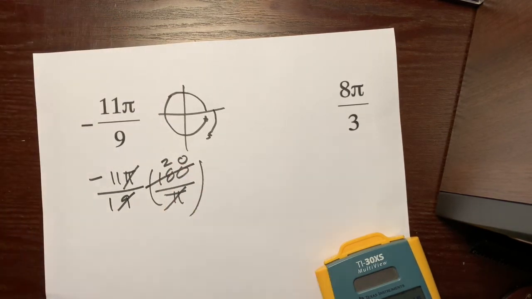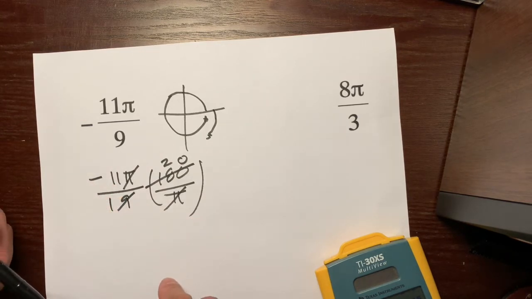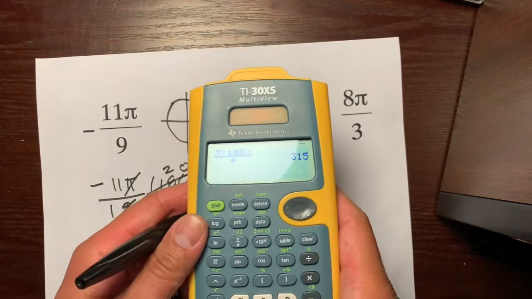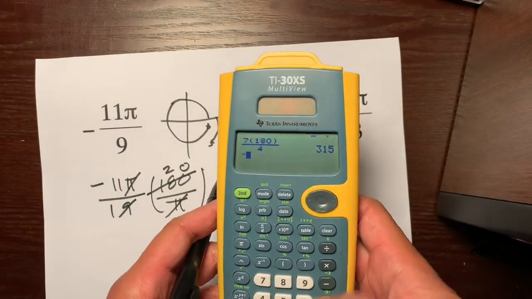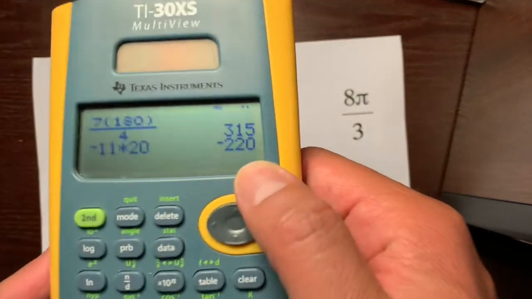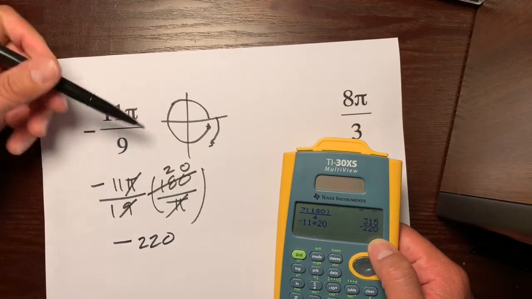So 180 would turn into a 20. And then we would be left with negative 11 times 20. Now I'm going to grab my calculator. Negative 11 times 20 would be negative 220 degrees. So our final answer would be negative 220 degrees.